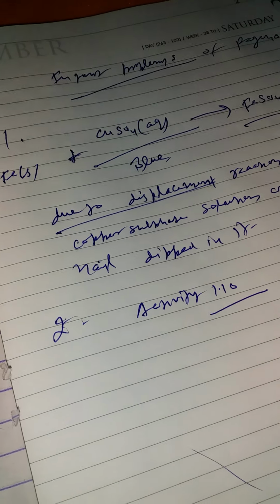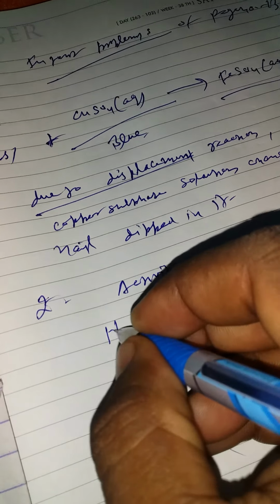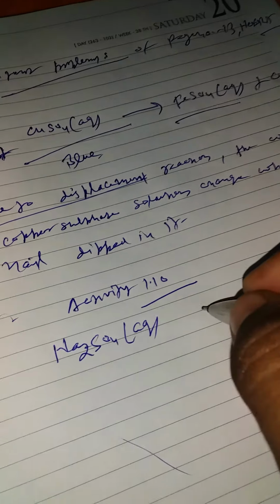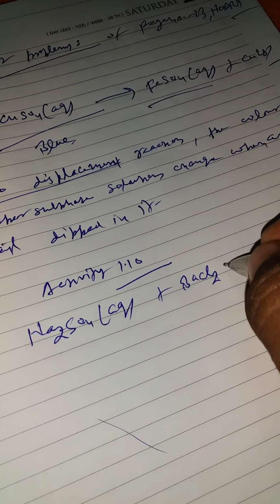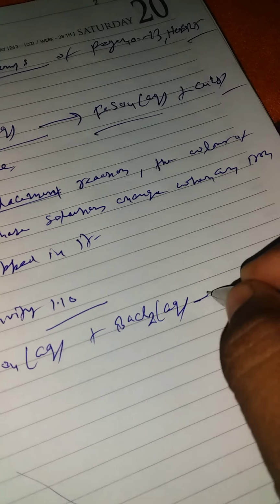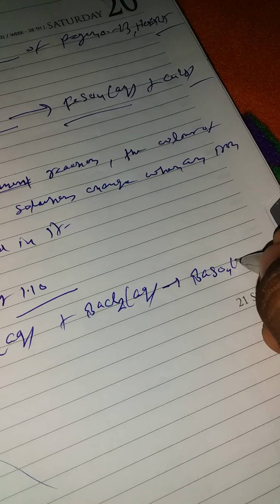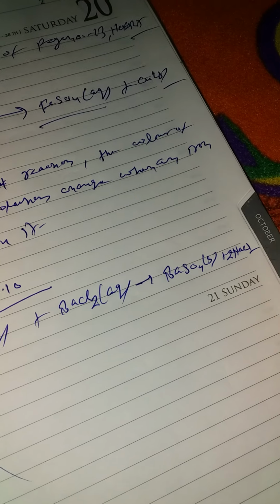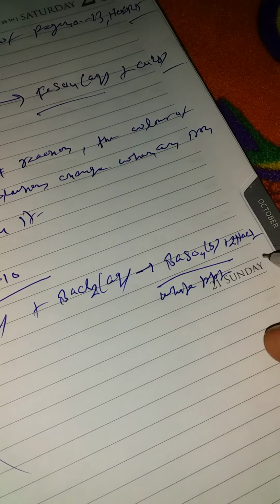Activity 1.10 is given in the NCERT book: Na2SO4 aqueous reacts with BaCl2 aqueous to form BaSO4 solid plus 2NaCl, a white precipitate.